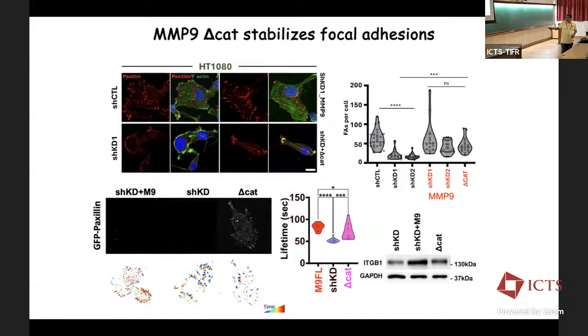But this was rescued by the delcat variant, and you see that in the integrin expression as well. So MMP9 is capable of rescuing or sustaining the cell spread phenotype through regulation of integrin adhesions.